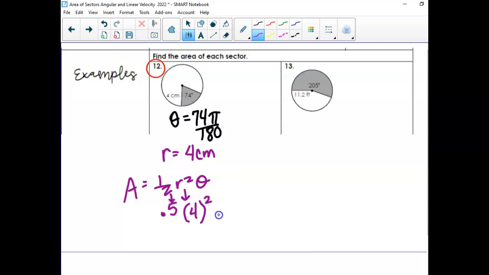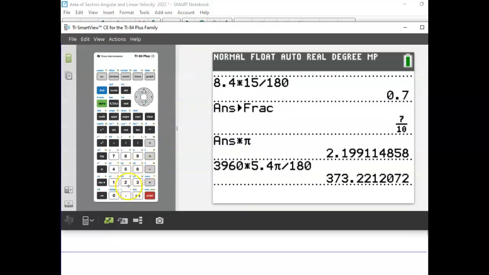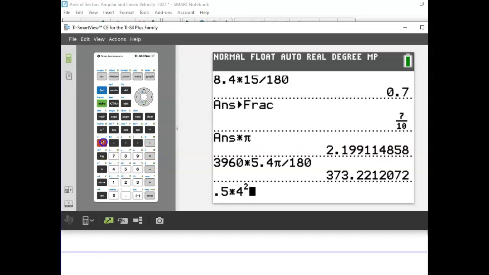You could just type 16 or 4 squared. And then you're going to multiply by theta, and our theta was messy, but we're just going to put the whole thing in without reducing it. So we have 0.5 times 4 squared times, was it 74? I already forgot. 74, oops, pi over 180.